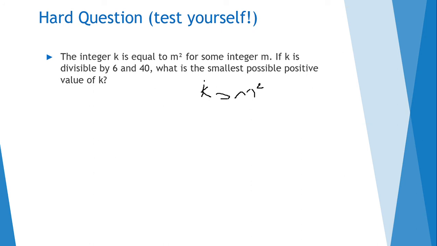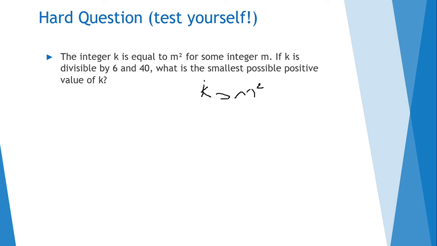If k is divisible by 6 and 40, that means the LCM of 6 and 40, the least common multiple, must be a factor of k, meaning that essentially the least number that this divides into has to be a number that k is composed of, because that's the only way that k can be divisible by 6 and 40. And we'd want to find the smallest possible positive value of k.